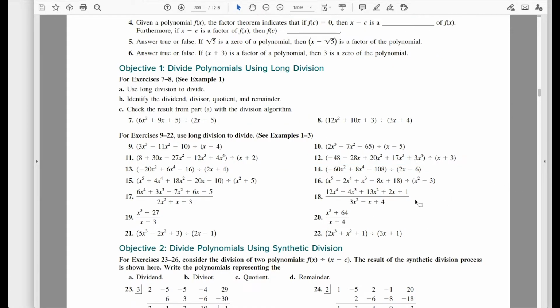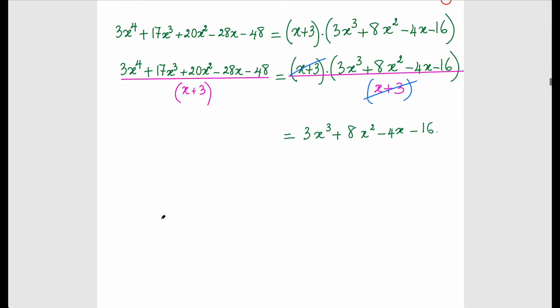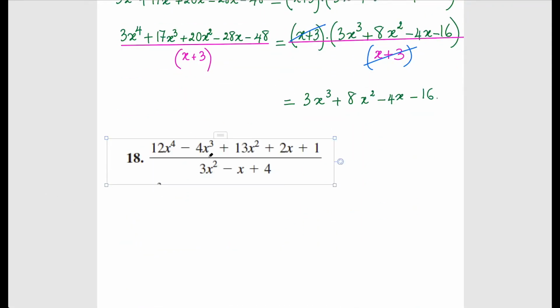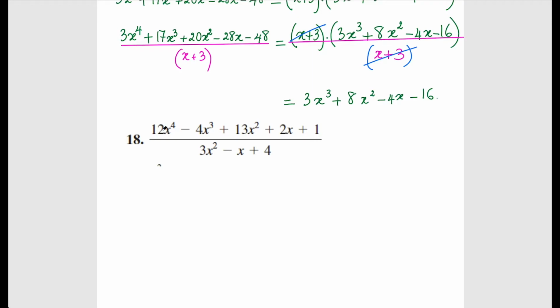Let's do now number 18. Same question. So number 18. I need to divide now this 4th degree polynomial by a 2nd degree polynomial, right?